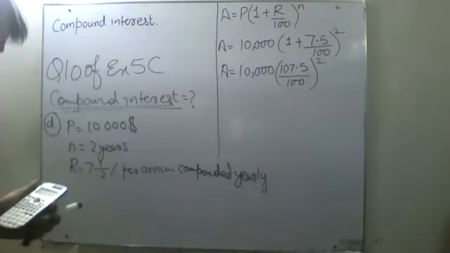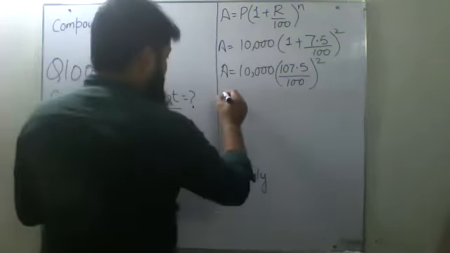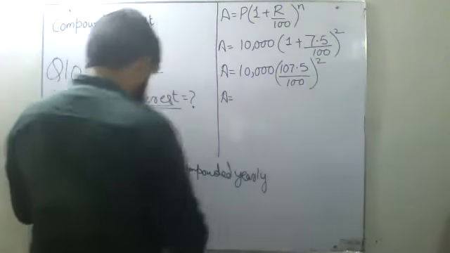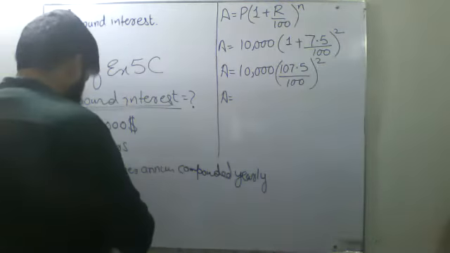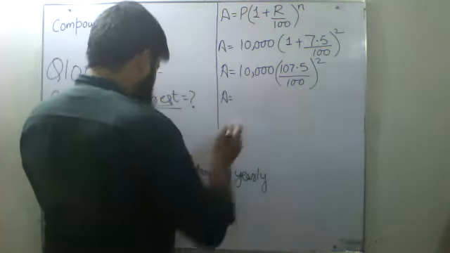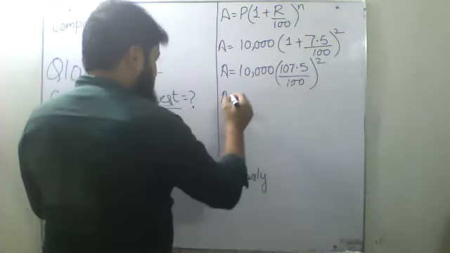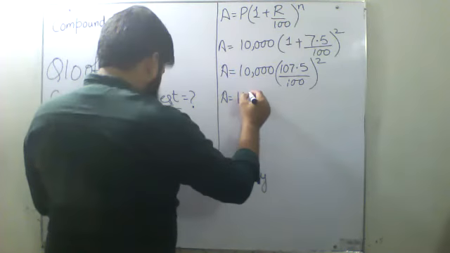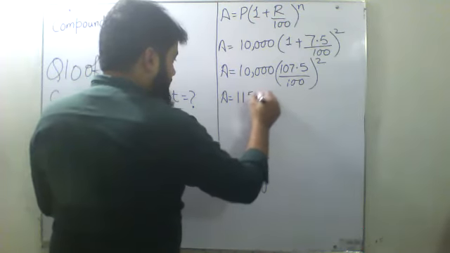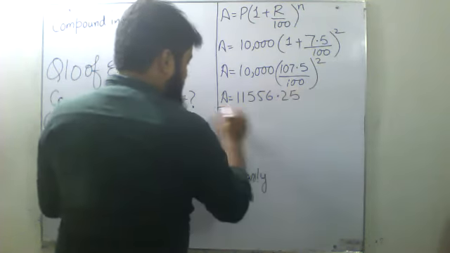Now applying the square on it, A equals, when I simplify it, my final answer is coming. I have squared it and multiplied it. My final answer is coming 11556.25. Okay, that's the total amount.